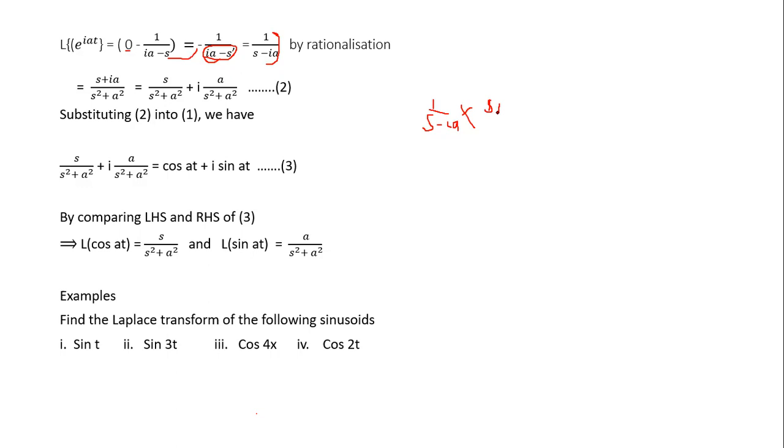So here we are having negative, and we change it to positive. So over s plus ia, times s minus ia. Good. So with this, 1 multiplied by s plus ia gives the same as s plus ia.